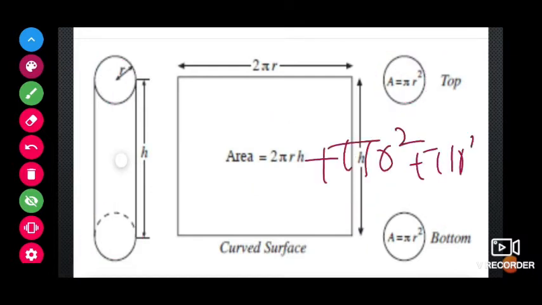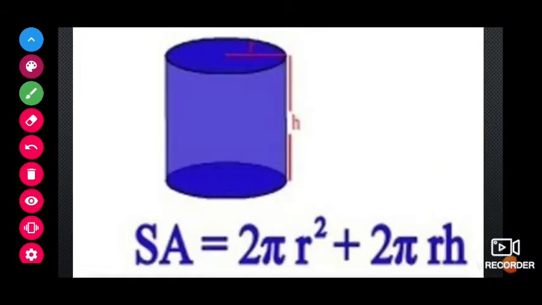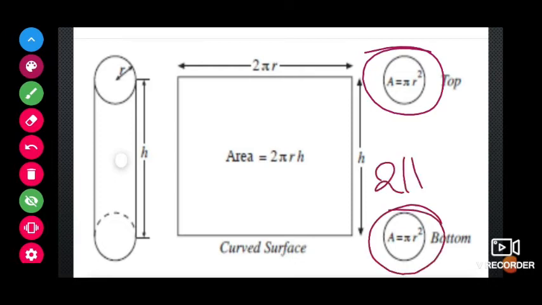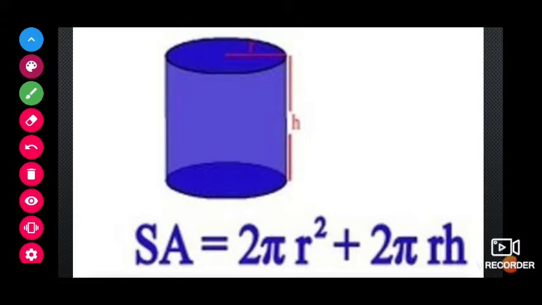Top and bottom together give 2 pi r square, so the formula is 2 pi r square plus 2 pi r h.